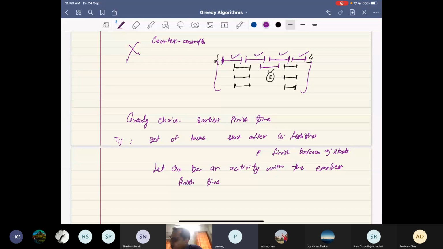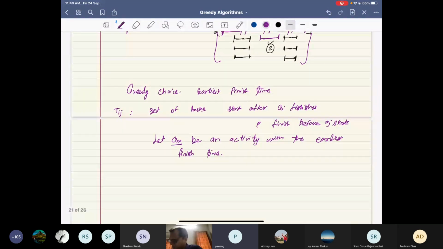It may happen that I plus 1 was starting earlier. So AM will be an activity with the earliest finish time. Then what I'm saying is that AM is included in some optimal solution of Tij. Suppose I can prove this.